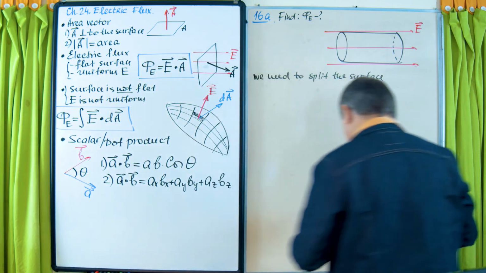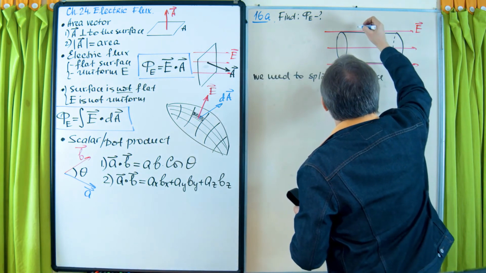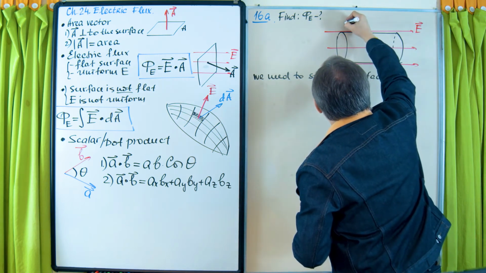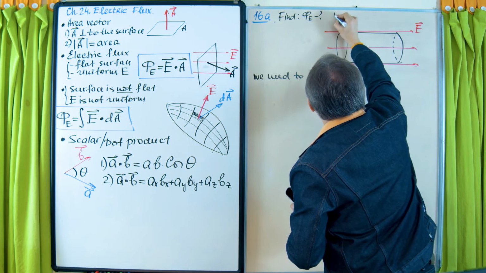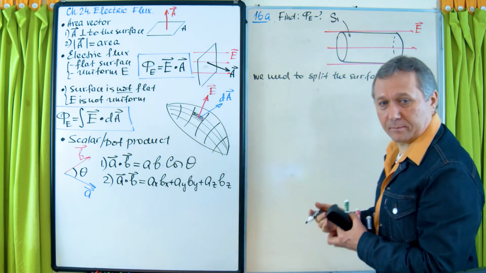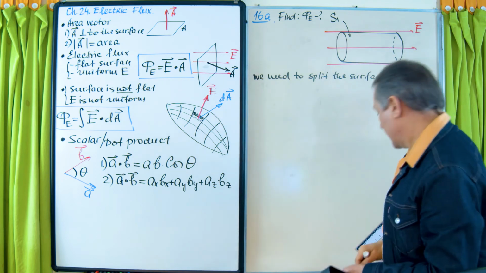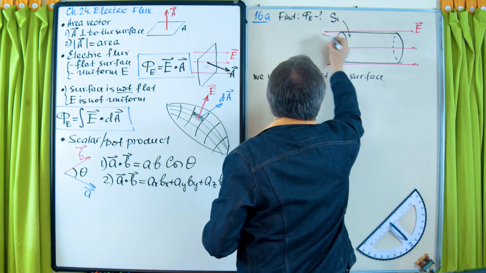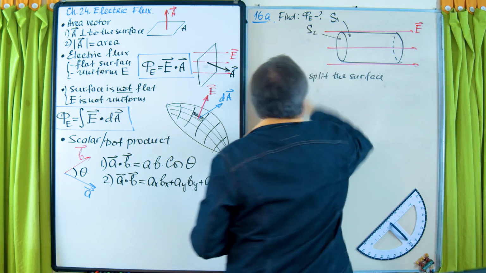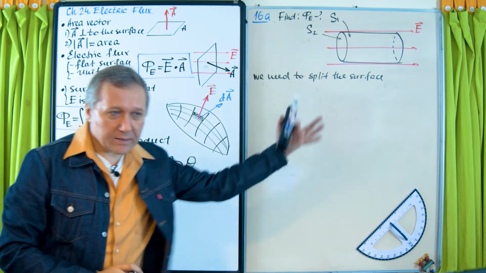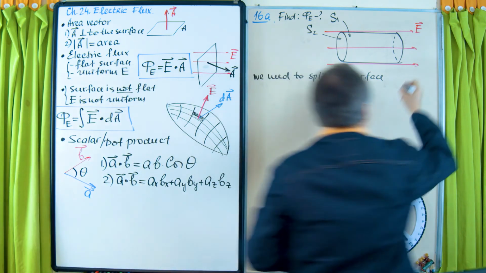Okay, let me label them on the diagram. Yeah, it's important. I'll use black. So this cylindrical wall, let me label it as S1. Then the front facet or front side, S2, and the back side, S3.